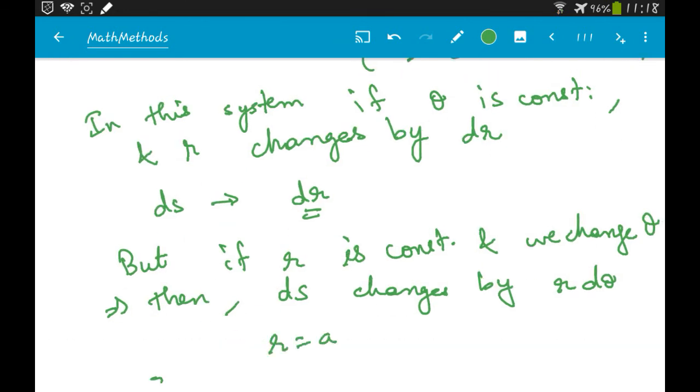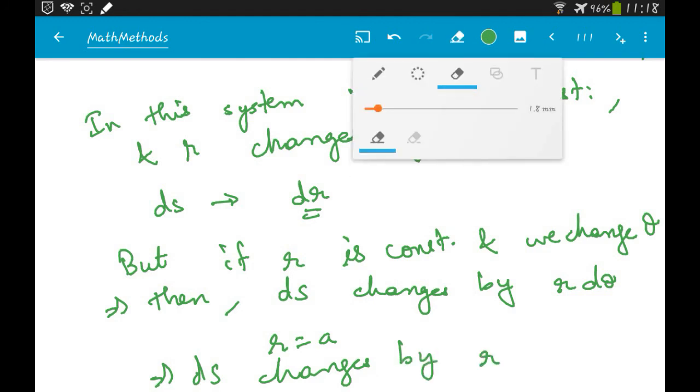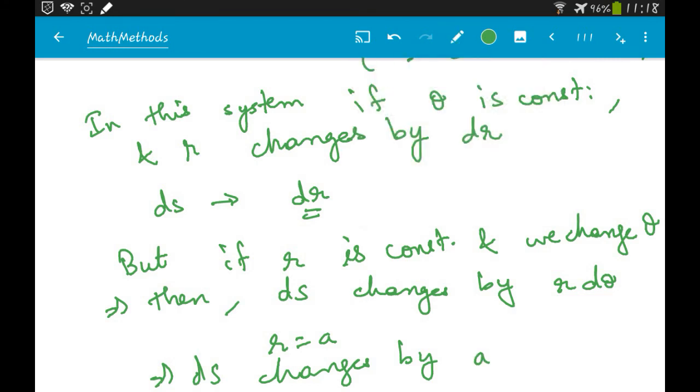So ds is going to change by a d theta. Okay, so this is what we are going to get. Alright. So let's look at some other coordinate system.